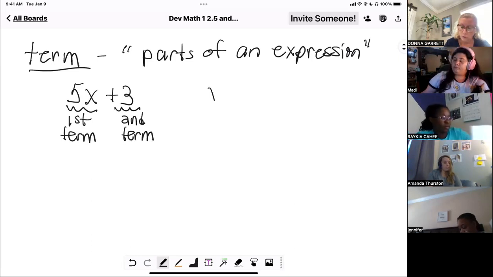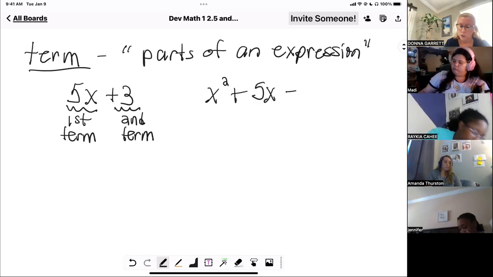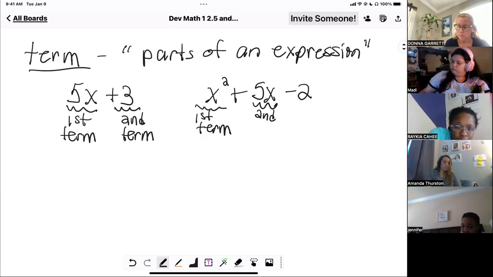Or if I have something longer, like x squared plus 5x minus 2. This is my first term. This is my second term. And this is my third term.